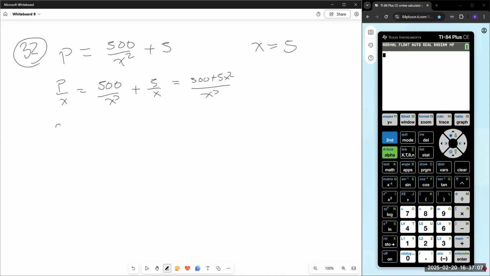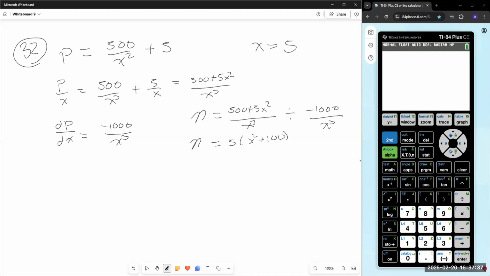And dP/dx is negative 1000 over x cubed. So eta is equal to 500 plus 5x squared over x cubed divided by negative 1000 over x cubed.